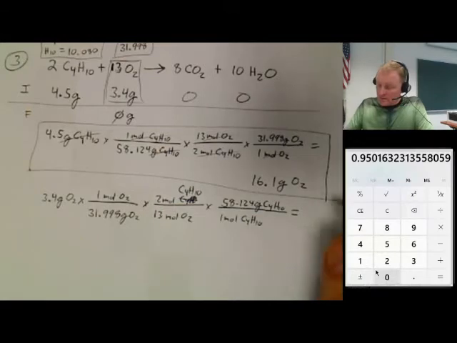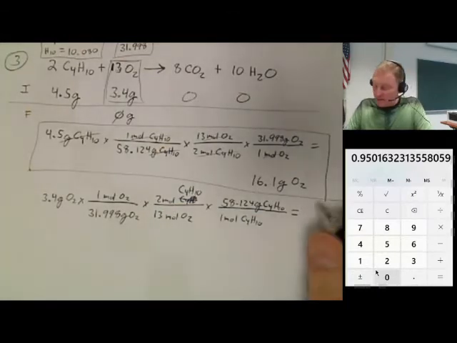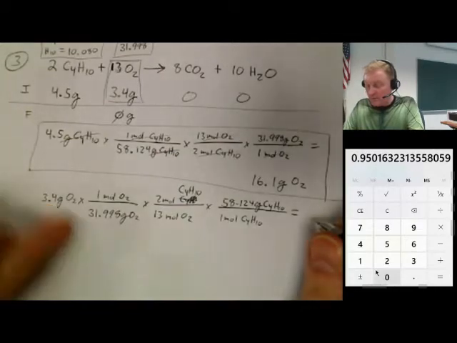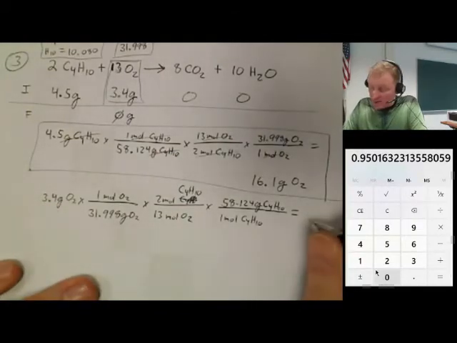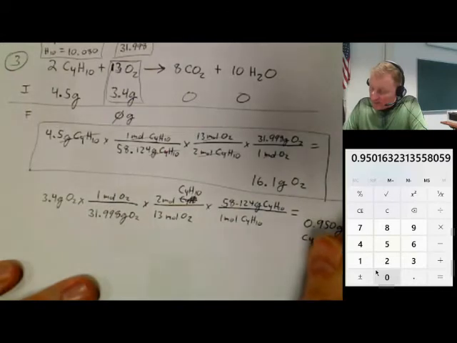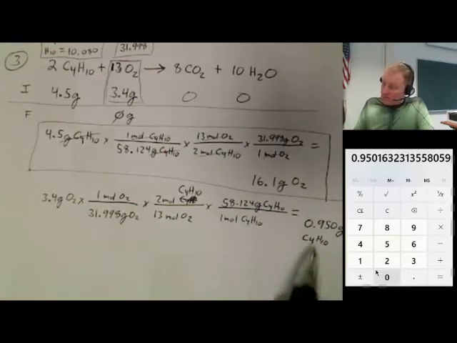Okay, so this is saying, when this is all said and done, that to burn all 3.4 grams of oxygen, it's going to require 0.950 grams of butane. So that's going to require this much.